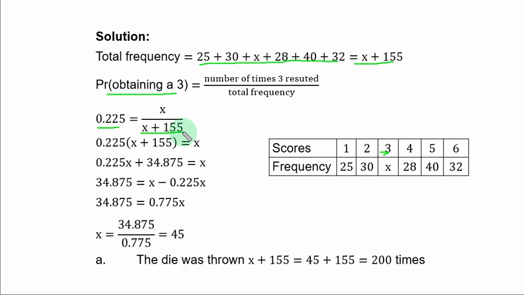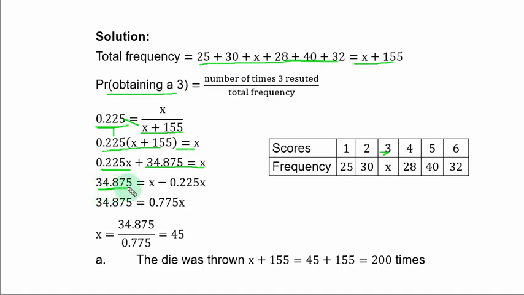You need to clear the fractions or cross multiply if you write this all over 1. So you have this times this in this form equal to S times 1, that is S. You open this bracket where you have 0.225S plus 34.875 equal to S.